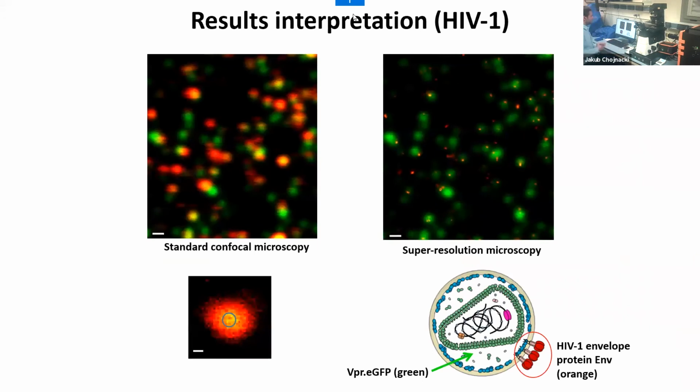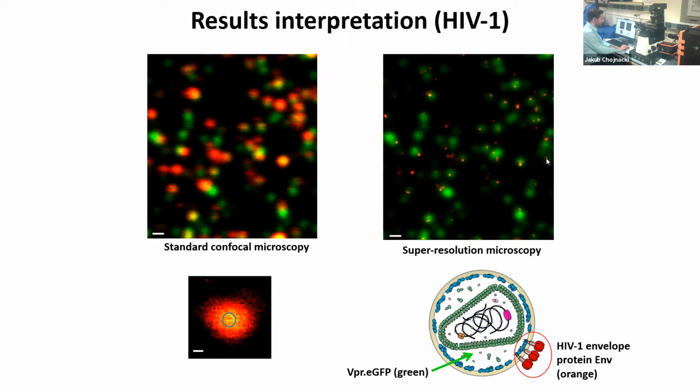All right, so let's interpret the results a little bit. So what we saw, what you may have seen. This is an example from the study that I did, very similar to what we imaged with HIV. In standard confocal microscopy, we saw those green dots and these orange blobs.